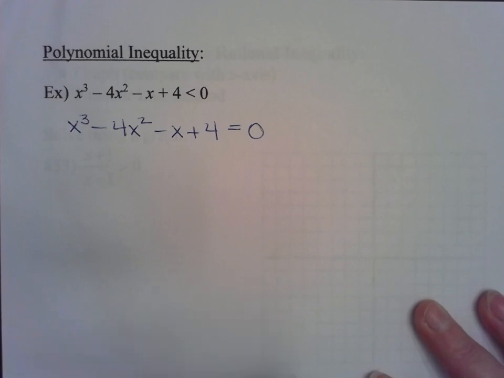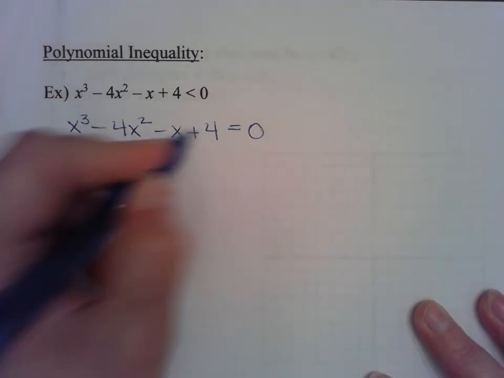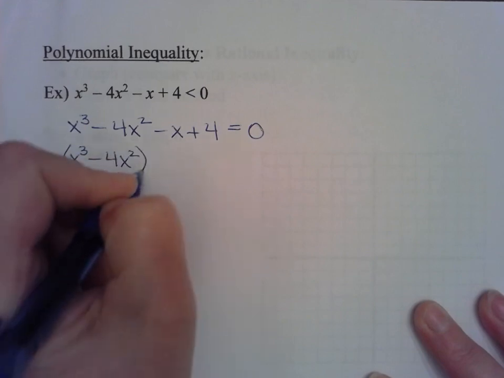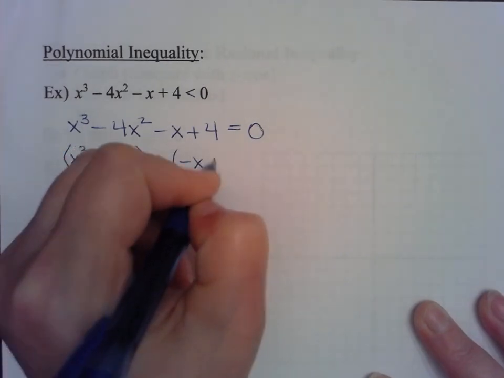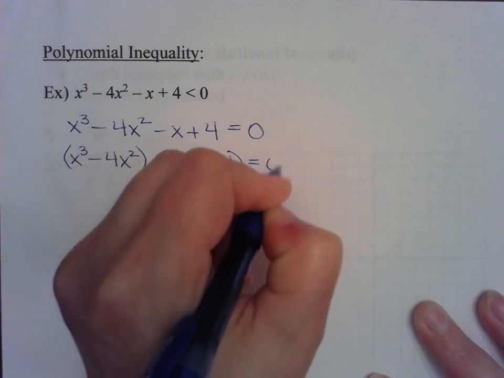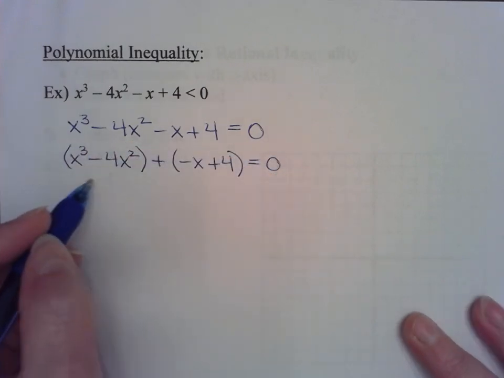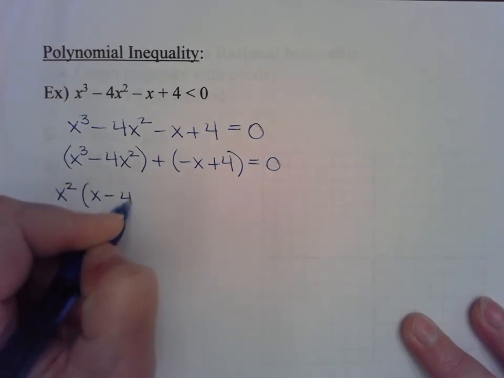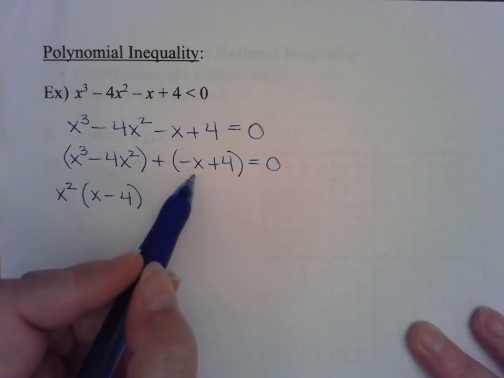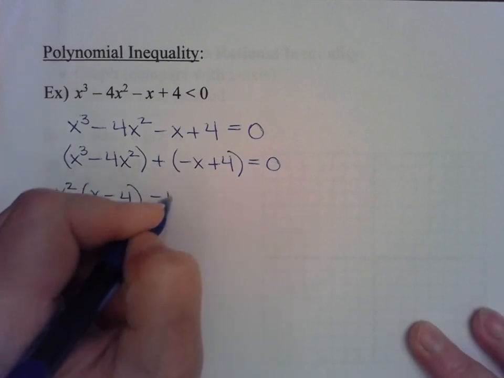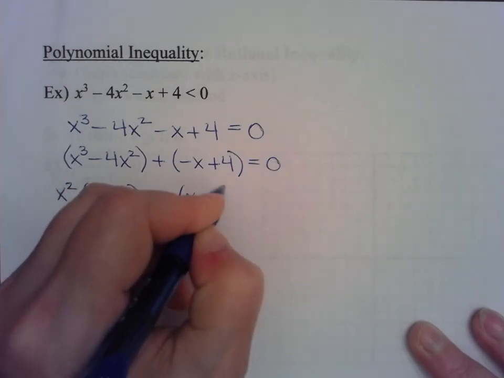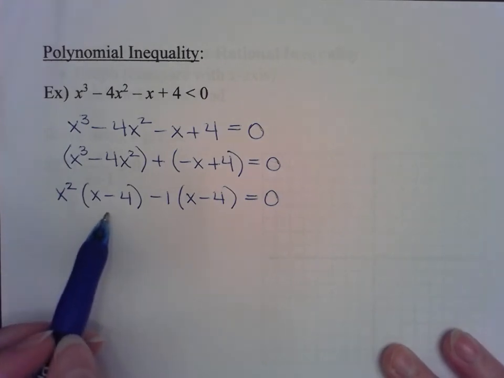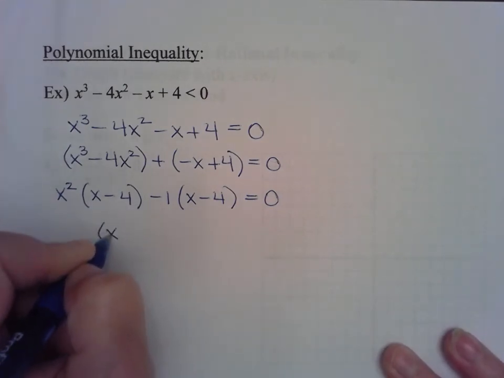This one is factorable. Notice there are 4 parts, so we can do factoring by grouping. The GCF for the first pair would be x squared. The GCF for the second pair would be a -1. Okay, notice the parentheses match here, so we can factor out an x minus 4.